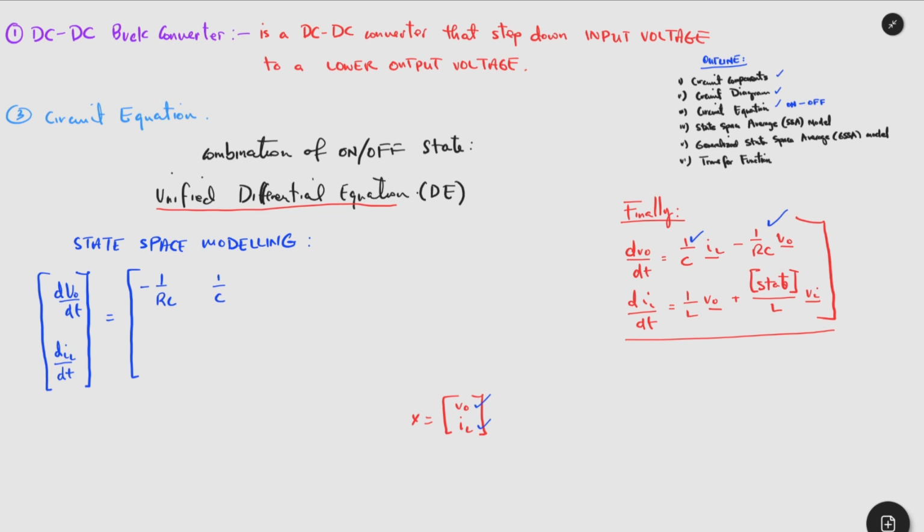So from this differential equation, from the state space representation, we are just substituting the values with respect to dv0, which is the il and the v0, and we now have minus 1 on l, and this should be minus v0.